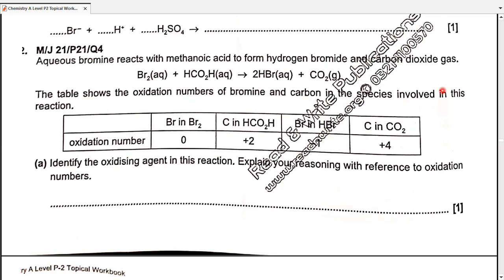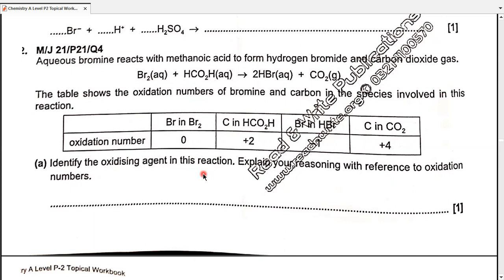Oxidizing agent in this reaction. Oxidation numbers: -1, plus 4, 0 to -1. Reduced.